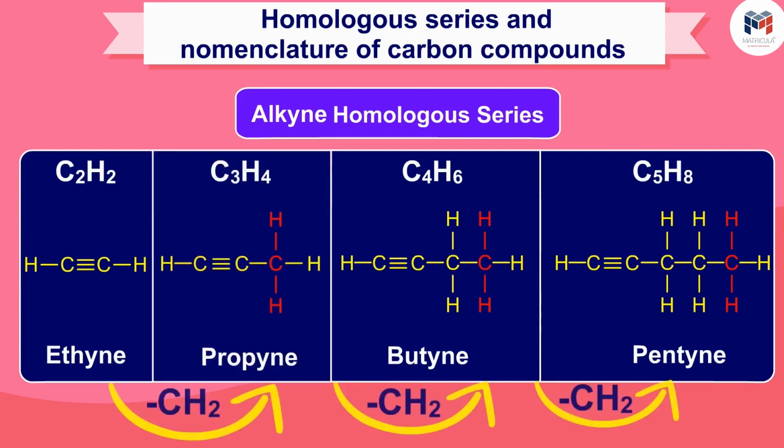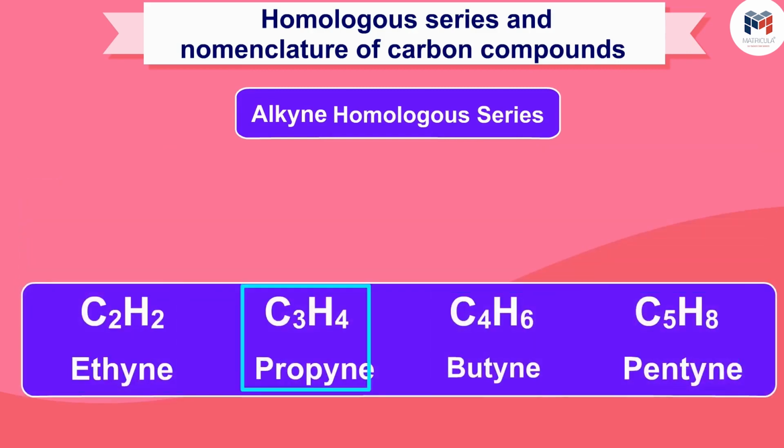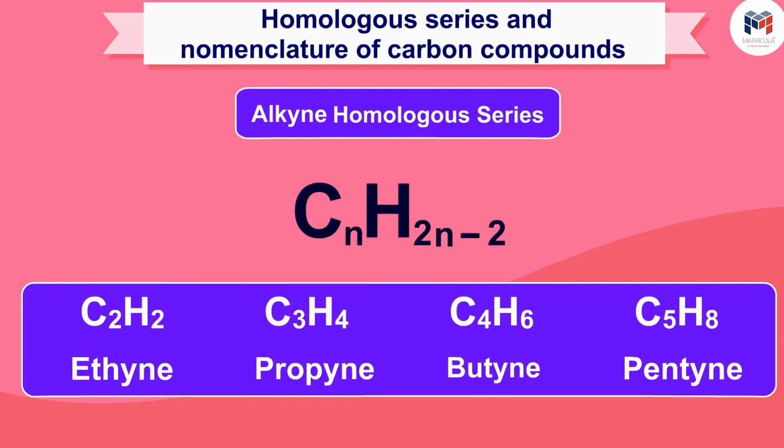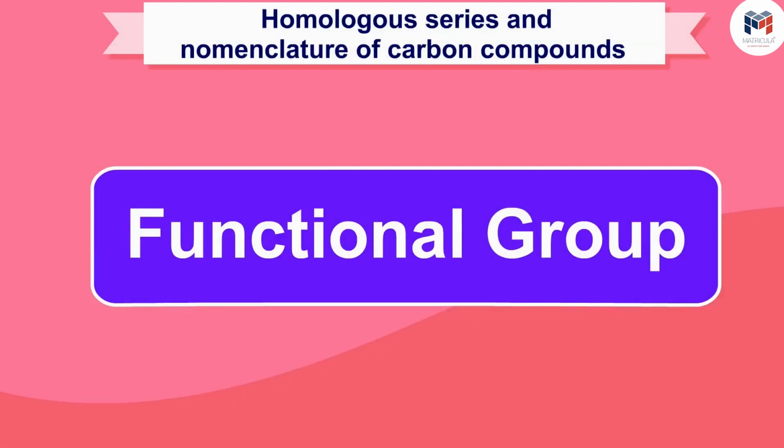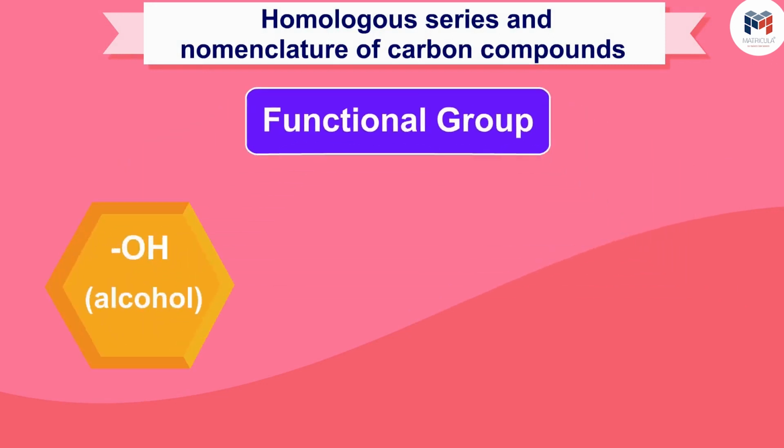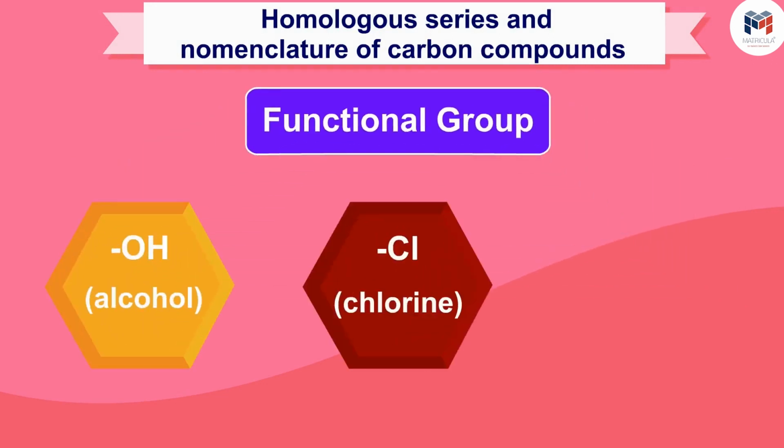And we can show any compound in this carbon series by this formula, CnH2n-2.